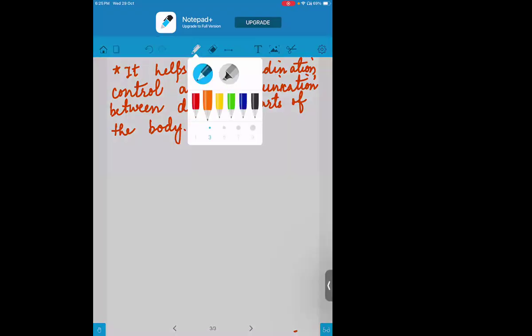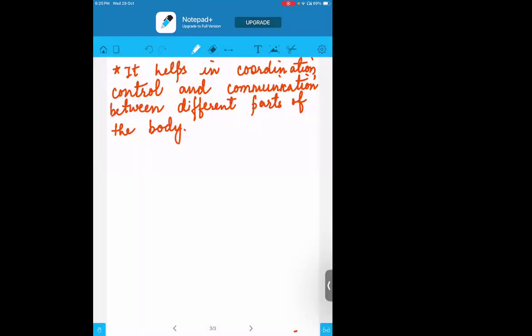Now, this nervous tissue has a structural and functional unit that is called the neuron. The neuron is also called a nerve cell.